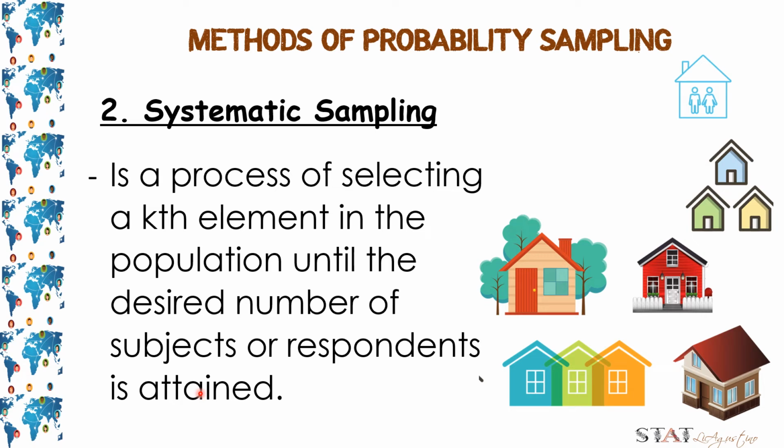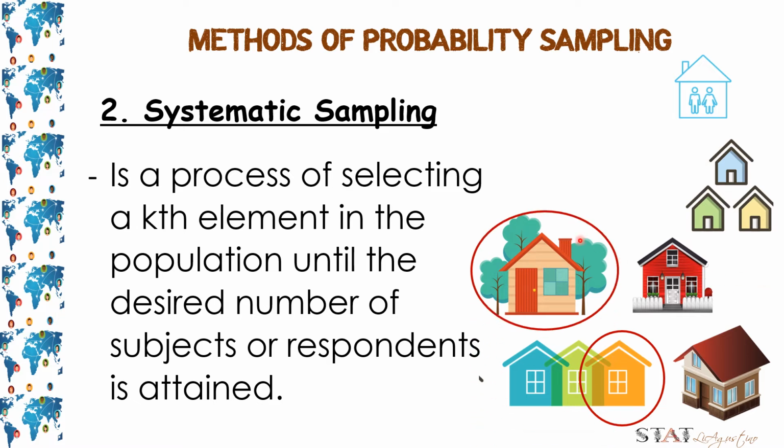Every kth element, kth meaning third, fourth, so you can choose. So for example, in this problem, every third house, I will interview for some questions. So first, second, and then third, I will select this house, and then 1, 2, 3.